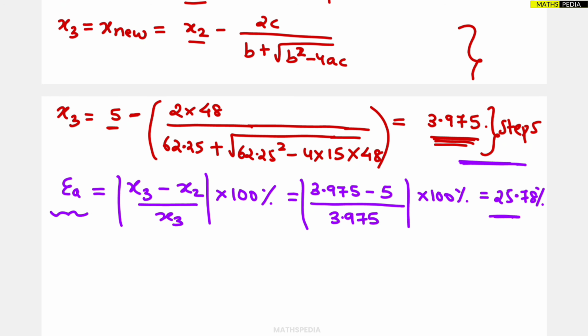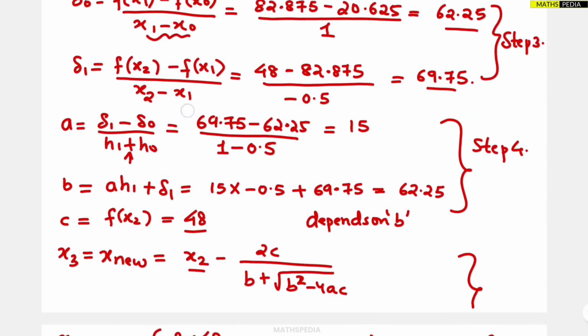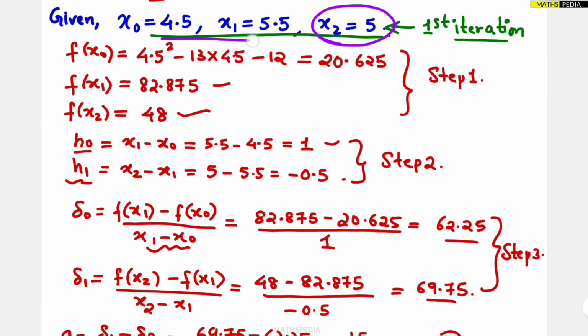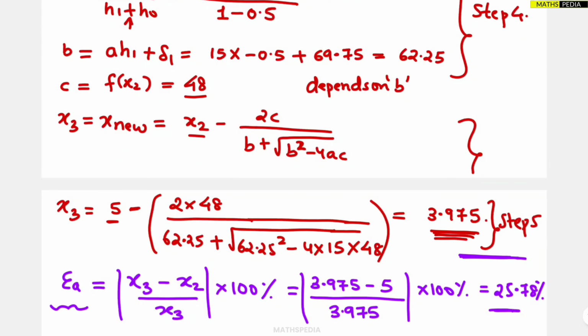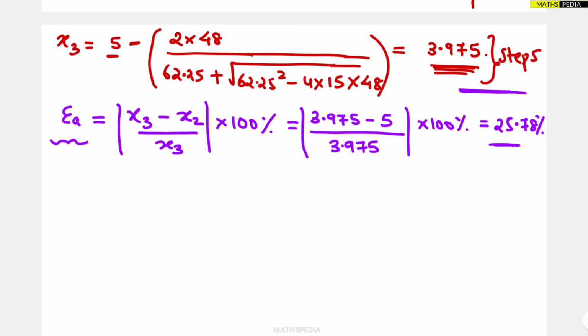Now in the second iteration, what values will you be taking? That is the question, right? Here we have taken x0, x1, x2, the values given in the question. For the second iteration, let us try to understand. Here the first iteration finishes. Let us go for the second iteration. Carefully you have to understand here.